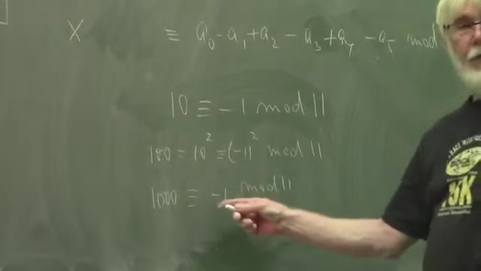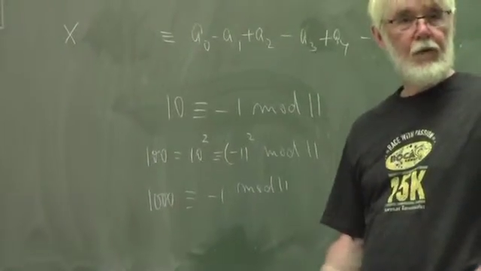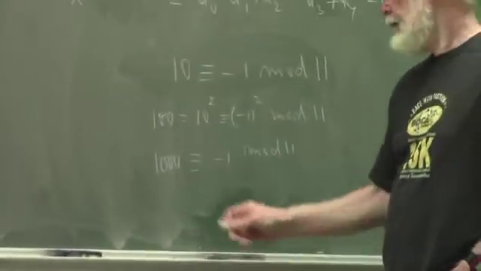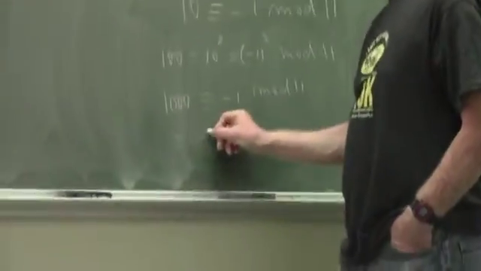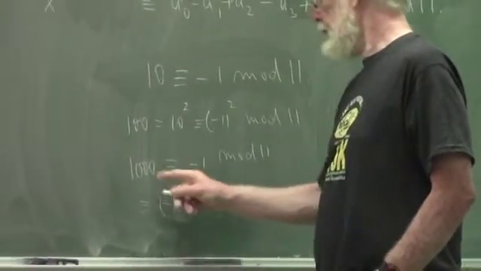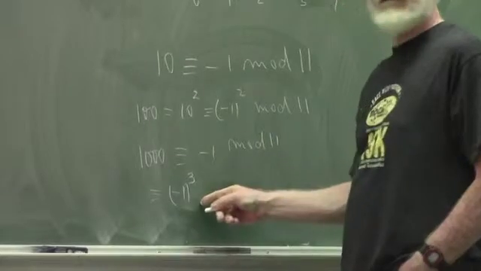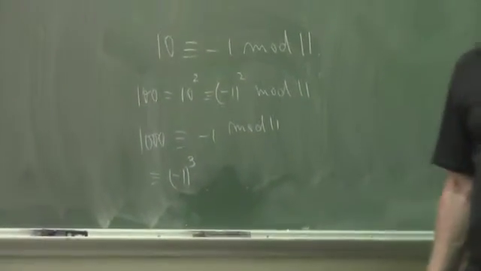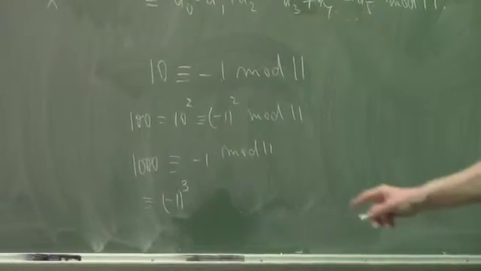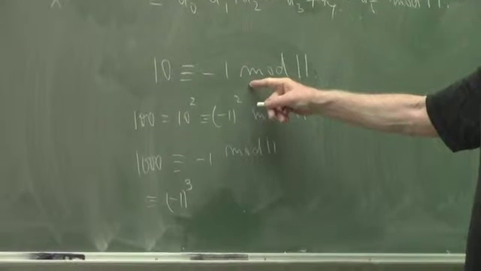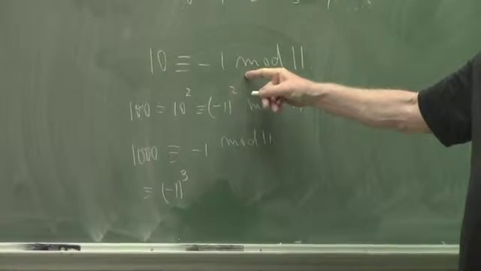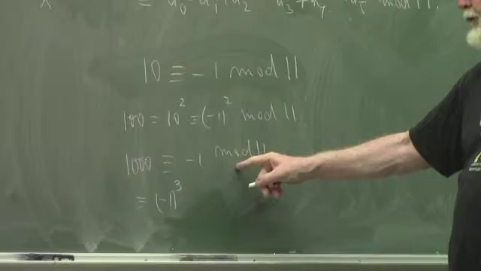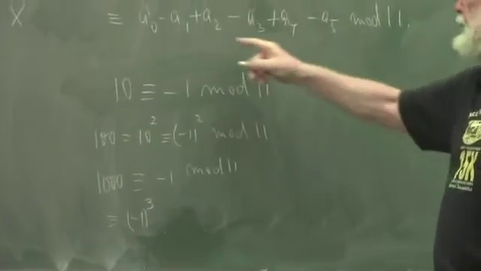You just calculate with your classes. You can do representatives, right? This one here is minus 1 cubed, right? Because 10 is negative 1. See a pattern? So, for the tens or the thousands, you need a negative.